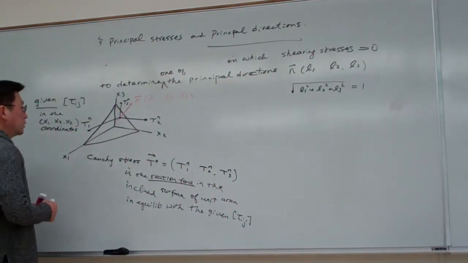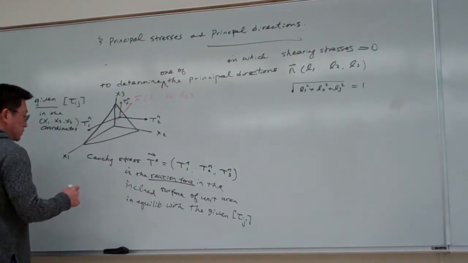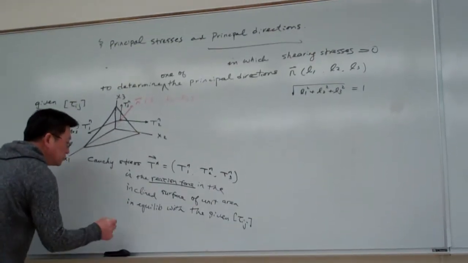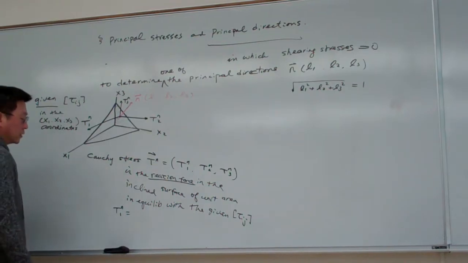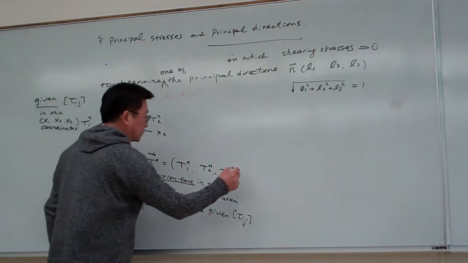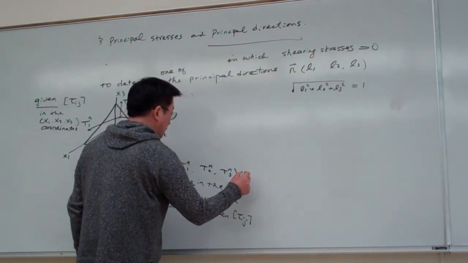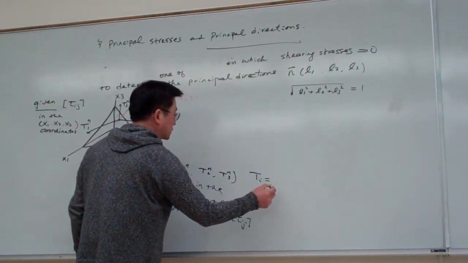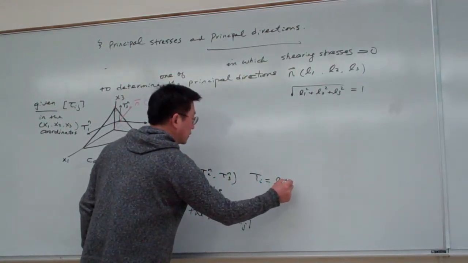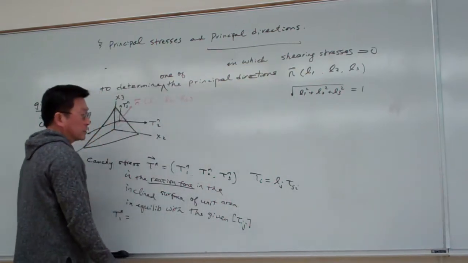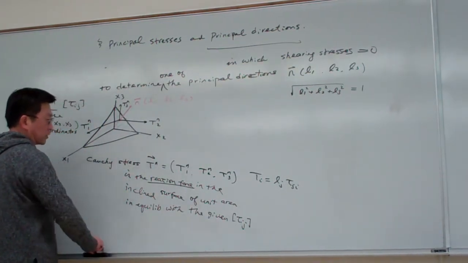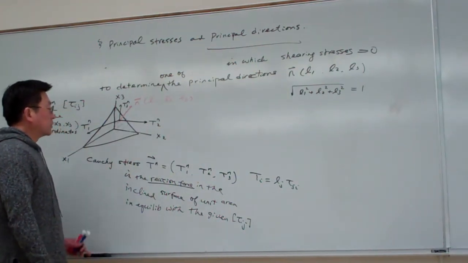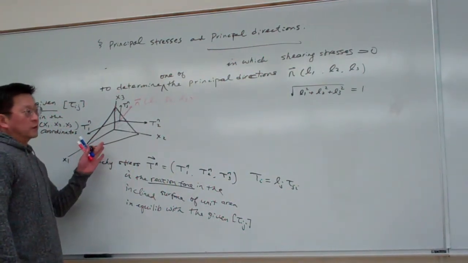Here we already know that, for example, we can calculate Tn1, and basically Ti is equal to Lj tau ji. Okay, so that is our formula here. We leave it here. So those are the given informations.